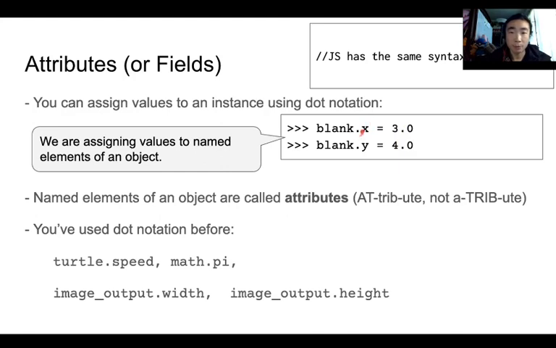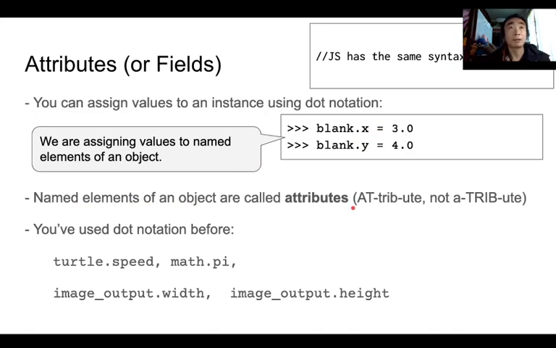Notice this, and it's nice that Python and JavaScript have the same syntax. Blank's x-coordinate equals 3.0. Blank's y-coordinate equals 4.0. Now x and y belong to this specific object, blank. Notice that we have not yet tied it to the Point class.